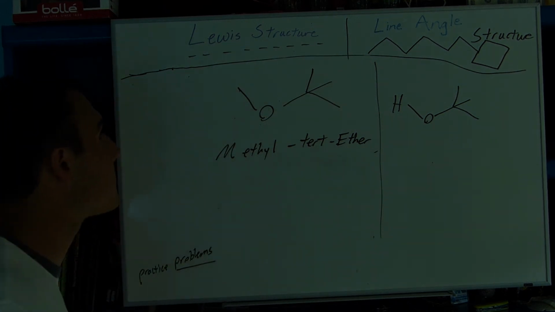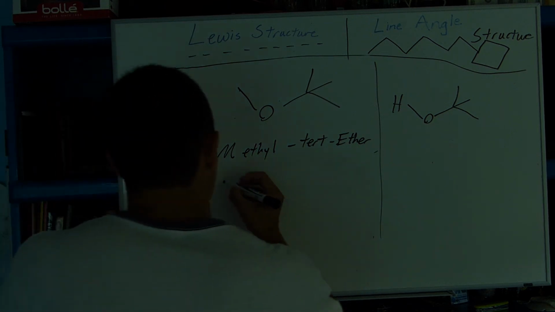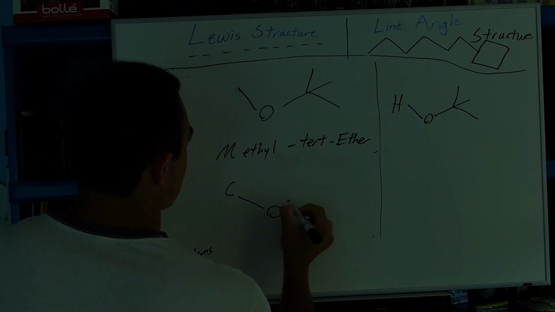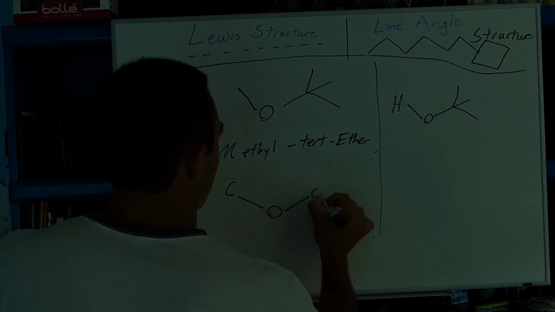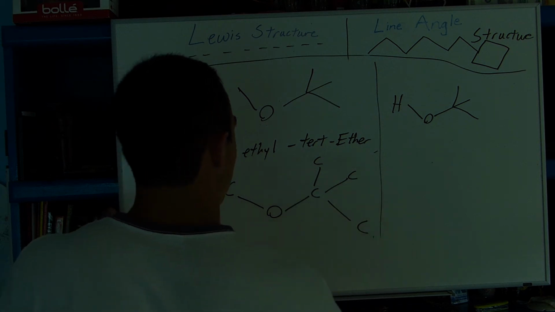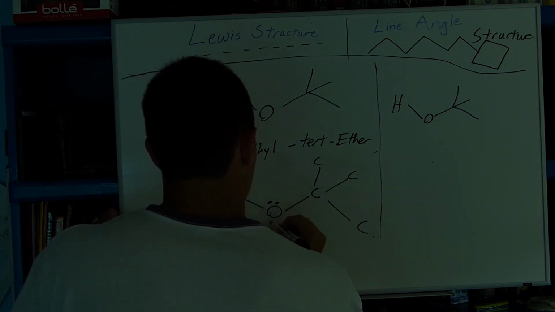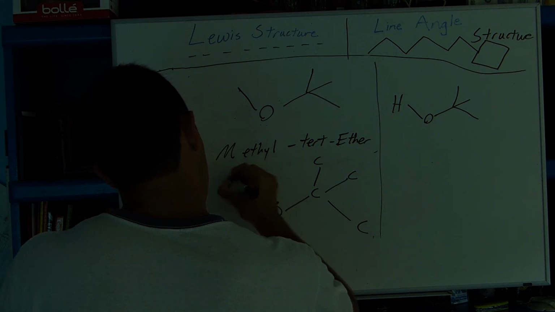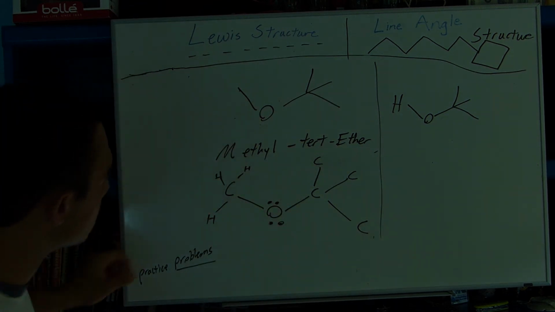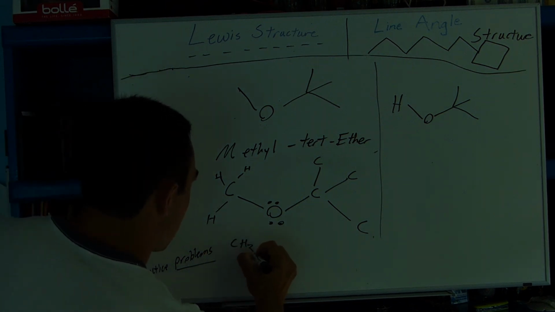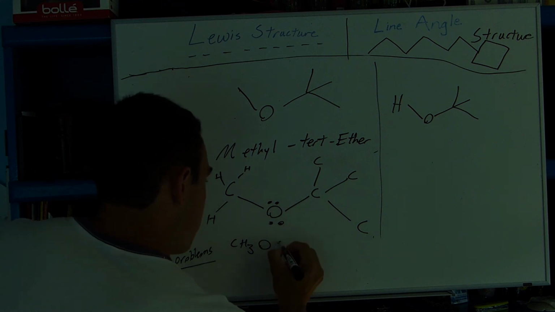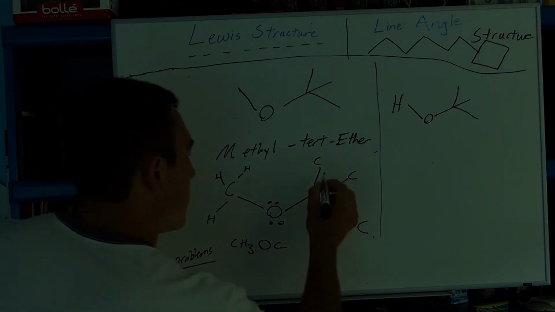Alright, so let's draw it in a Lewis structure. So remember, carbon bonded here to our oxygen, bonded here to another carbon, and let's fill out everything here. So here's our hydrocarbon CH3, here's our oxygen, here's another carbon, and it's a tertiary.